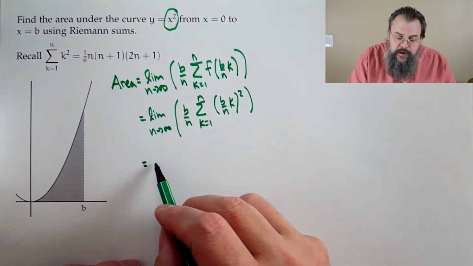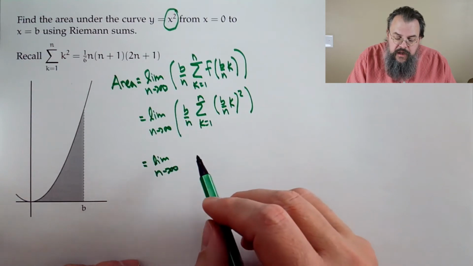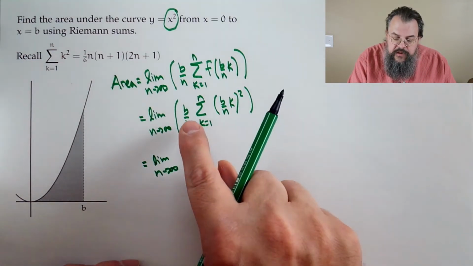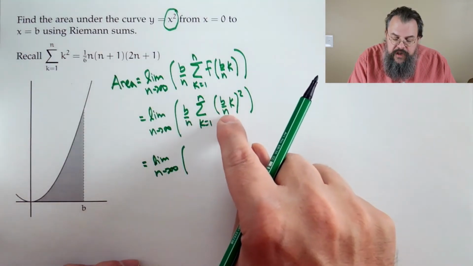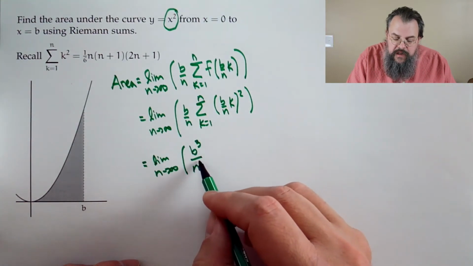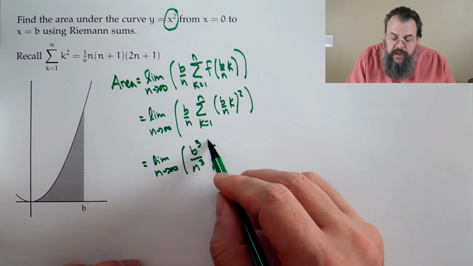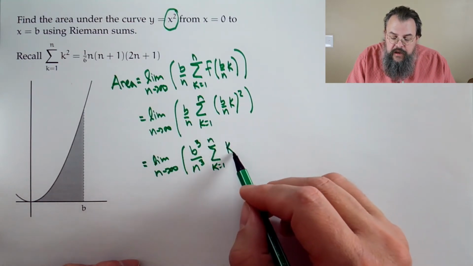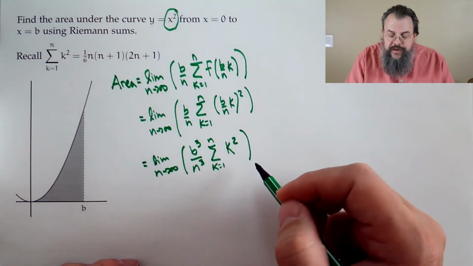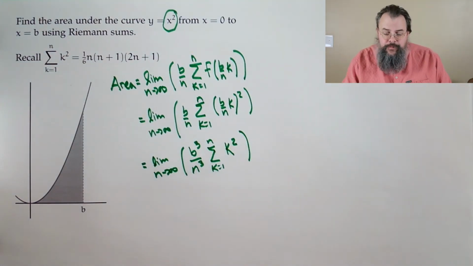If we do that, we're going to end up with the limit as n goes to infinity of b over n, and then there's a b squared over n squared. So that would be b cubed over n cubed, sum from 1 up to n of k squared.